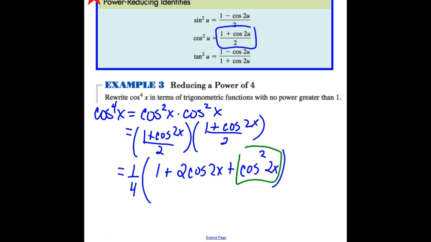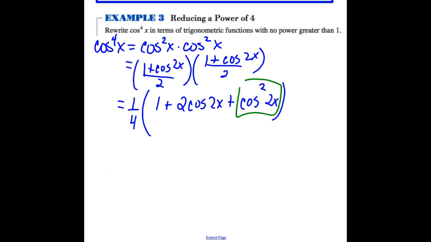This is cosine squared of 2x. Okay, so we're going to write everything but what I've got in green. And we're going to replace what I've put in the green box with that power reducing formula.